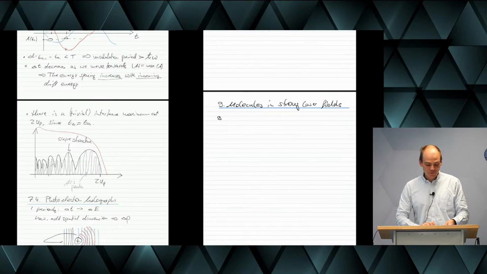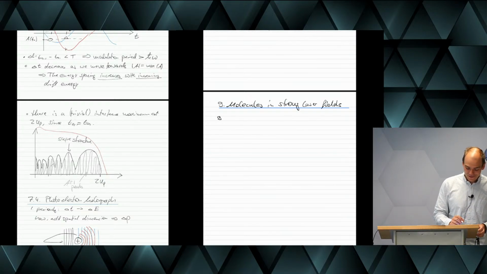Okay, see, I would have forgotten this part about it, namely, what's different if we now consider a molecule rather than an atom? So in an atom, the picture that we like to draw was this here.